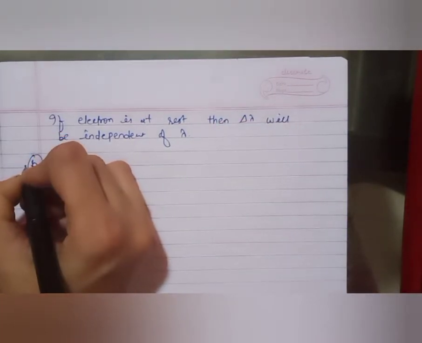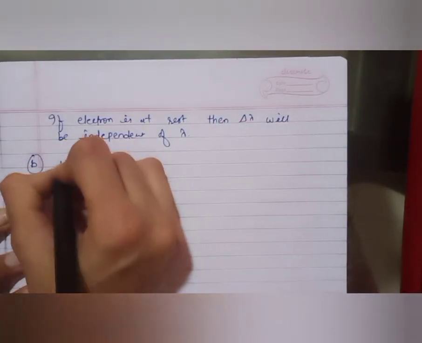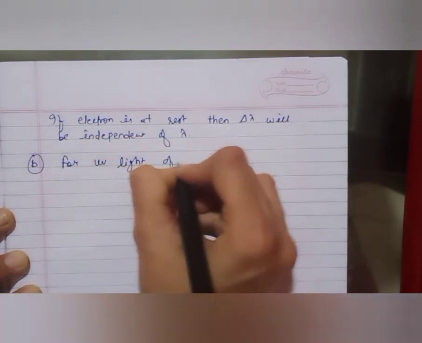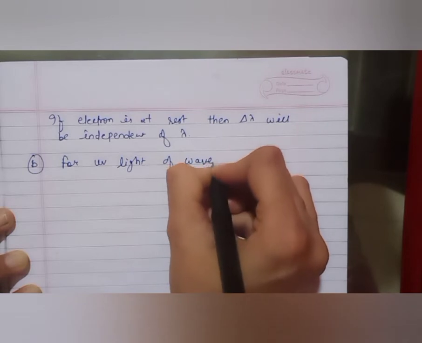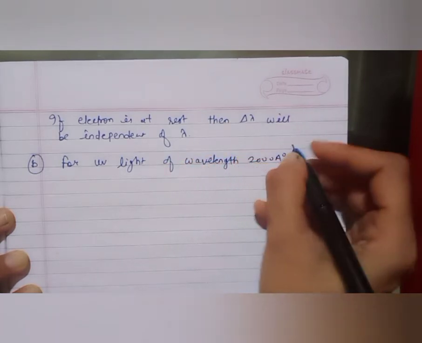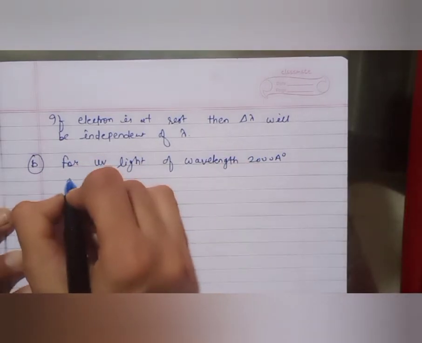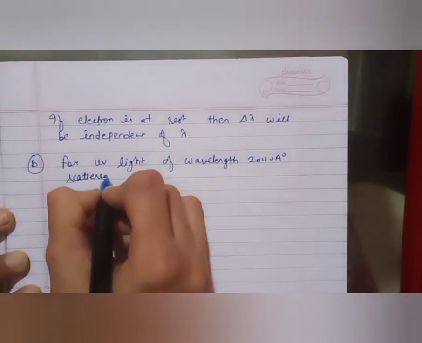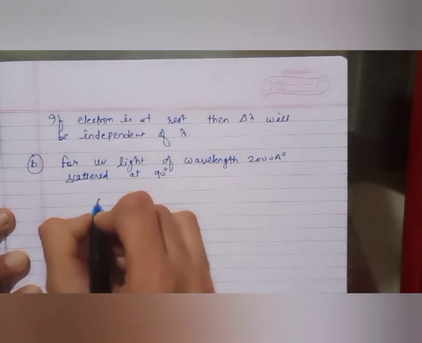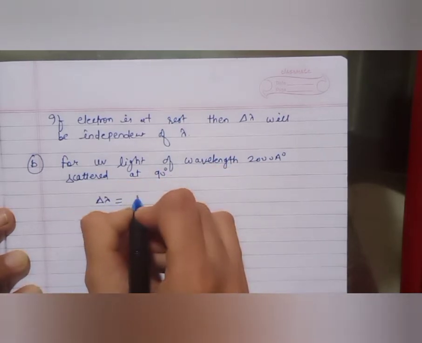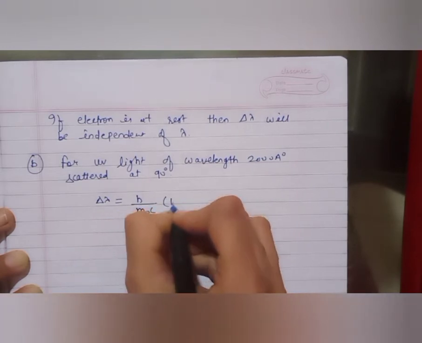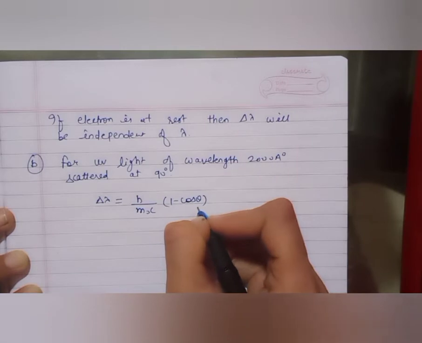Okay. Now the second part. For ultraviolet light of wavelength 2000 angstrom scattered at 90 degree, the Compton shift, we know, is given by delta lambda equals h upon m0c (1 minus cos theta).